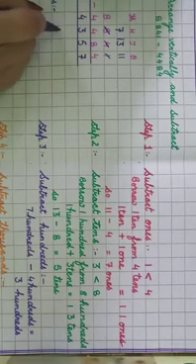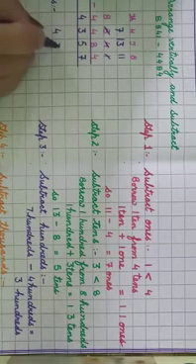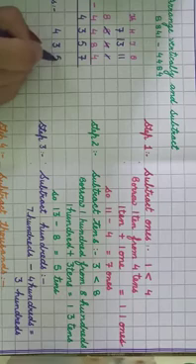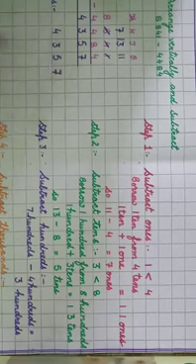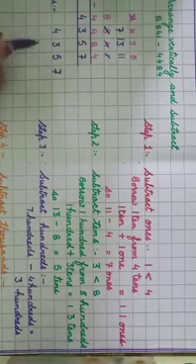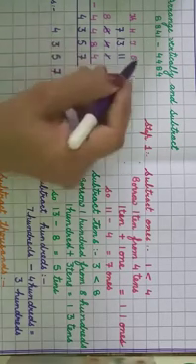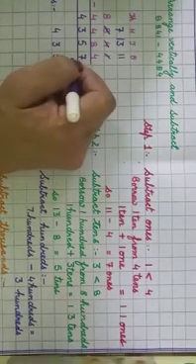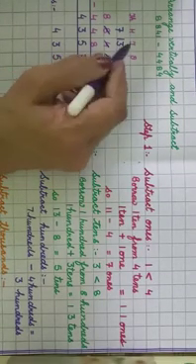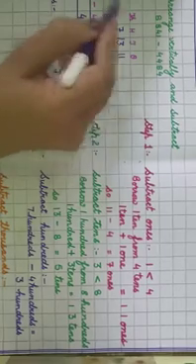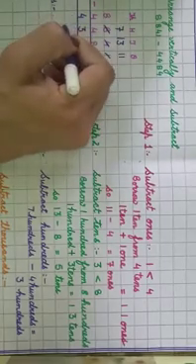So the answer is 4357. Is it clear, students? First of all, subtract ones, then tens, then hundreds, and then thousands.